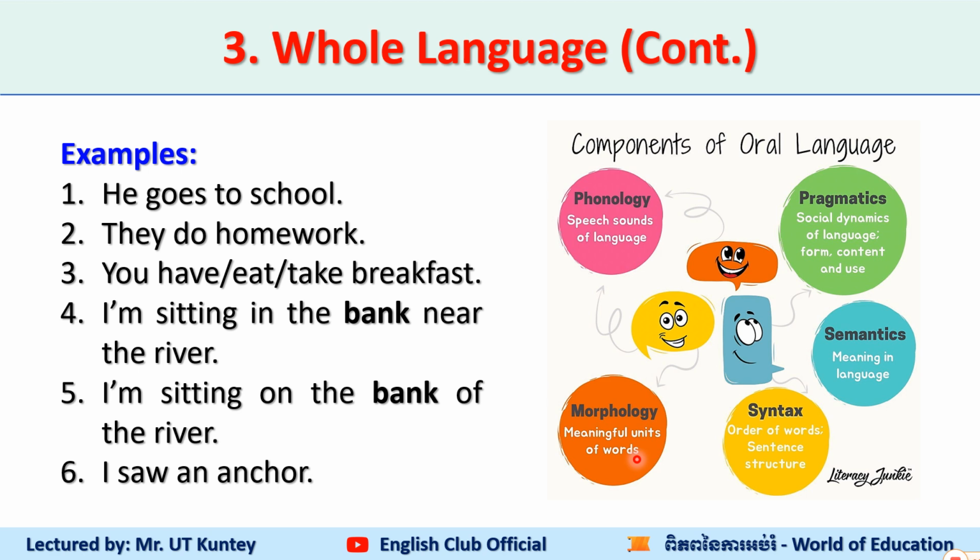When we talk about morphology, we focus on the meaning of any word or any expression we use in the sentence. Number 3, syntax. When we focus on syntax, we also refer to grammar, like sentence structure, clause, or how we form the sentence: subject, verb, agreement, object, and so on.